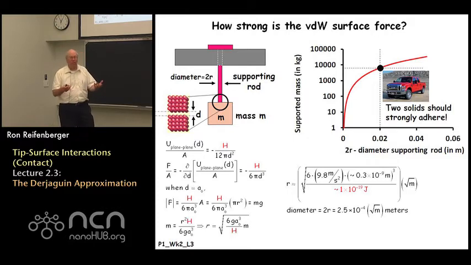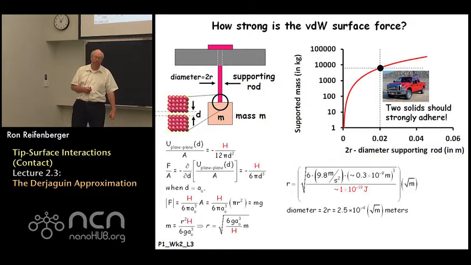Well, 8,000 kilograms, that's the mass of a fairly heavy-duty truck, and it just basically is telling you that two solids pressed one against the other should adhere very strongly.